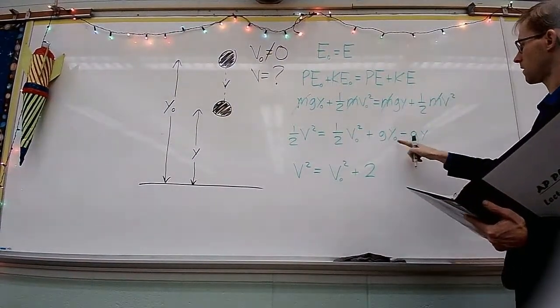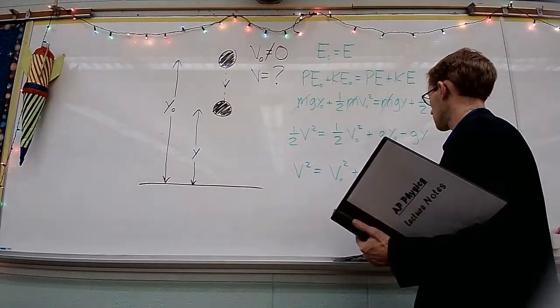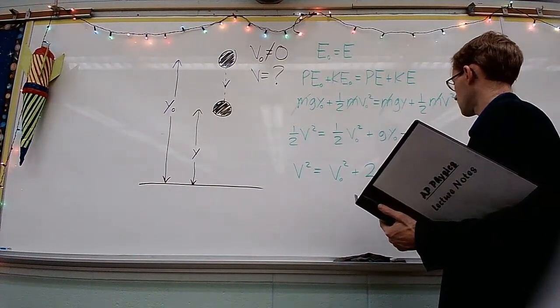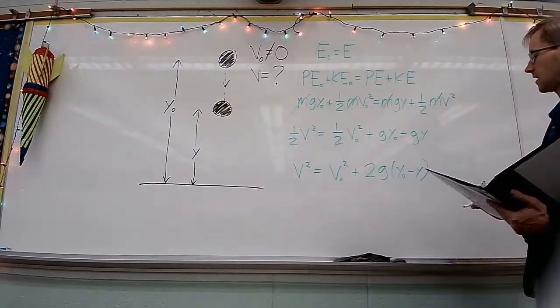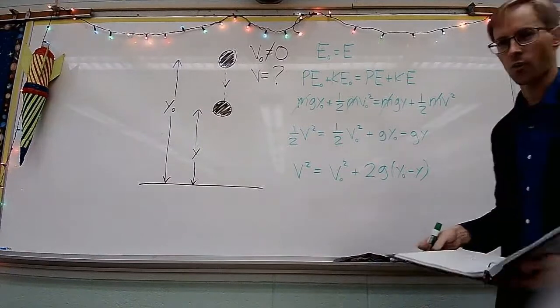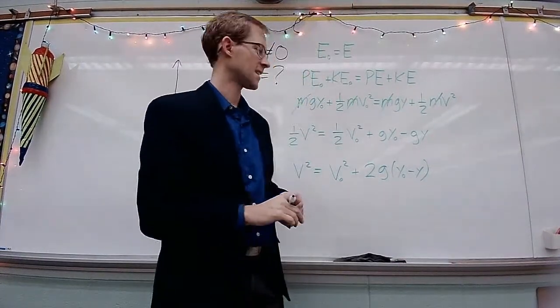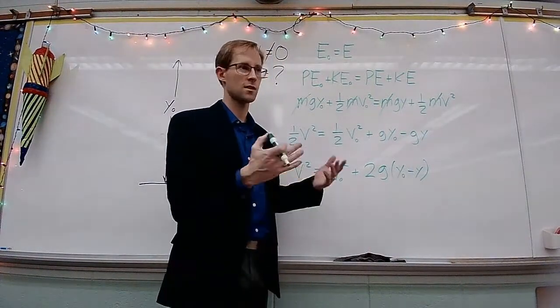And I'm going to pull out these g's. And there's our expression. And of course, we want to be cute with this, don't we? And if we do that, you're going to see kind of an interesting expression pop out of it.